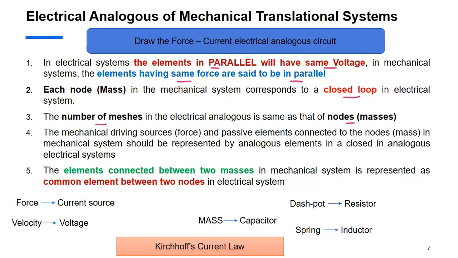All the elements which are available in the mechanical system will be represented by means of their electrical analogous elements. If suppose the elements are connected between two masses, they will appear as a common element between two nodes in the force current electrical analogous circuit.